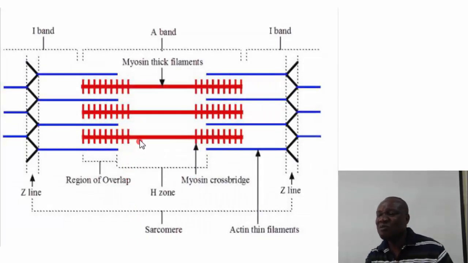So the myofibrils have thick and thin filaments. The thick filaments give what we call the A band. So these red are the thick filaments. So the thick filaments are arranged to give us the A band, which is the anisotropic region of the skeletal muscle. So from here to there is the A band.